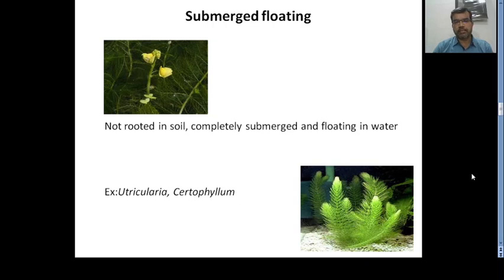So they are completely inside the water, but their roots are not firmly grounded. They are not rooted in the soil. As a result, they freely float in the water. The examples are Utricularia and Ceratophyllum.